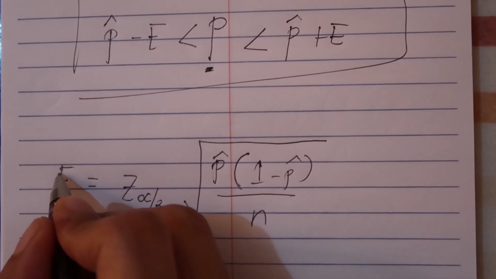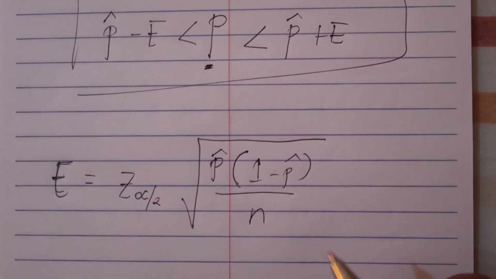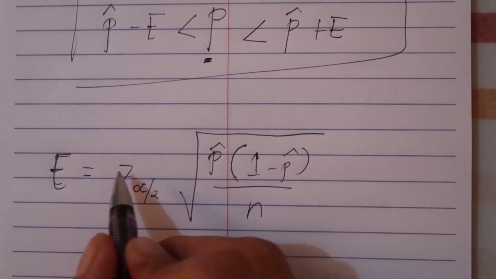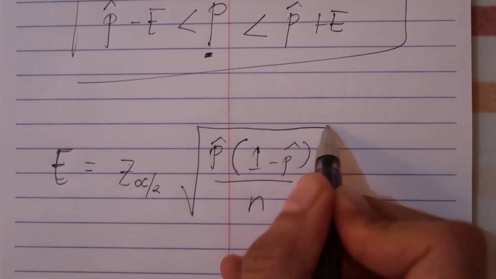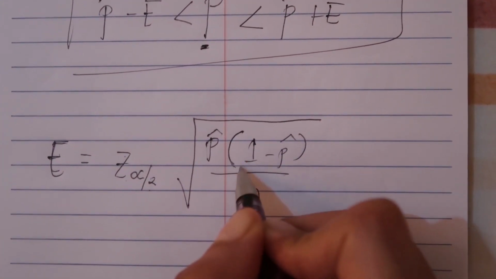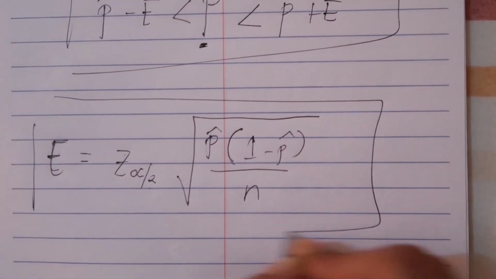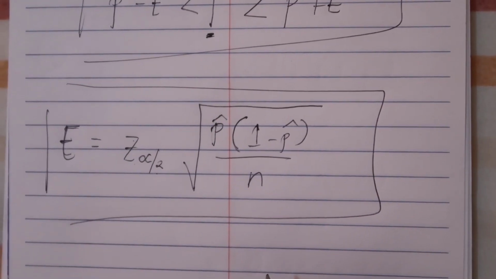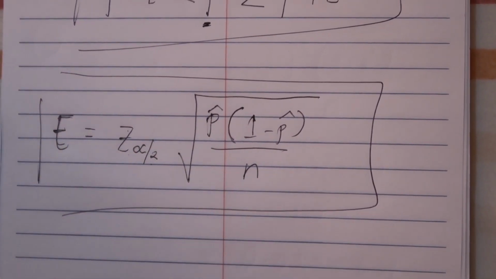So to determine the margin of error, where the maximum error is, that will be z alpha over 2 multiplied by the square root of p hat times 1 minus p hat over n. Okay, so that's for the confidence interval for a proportion.